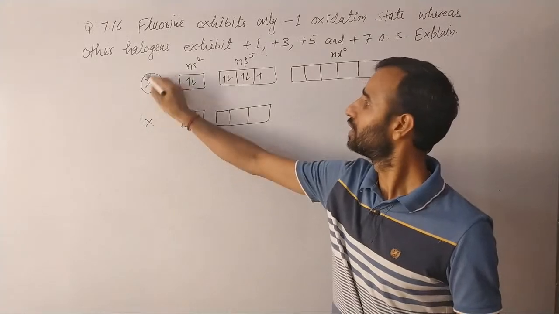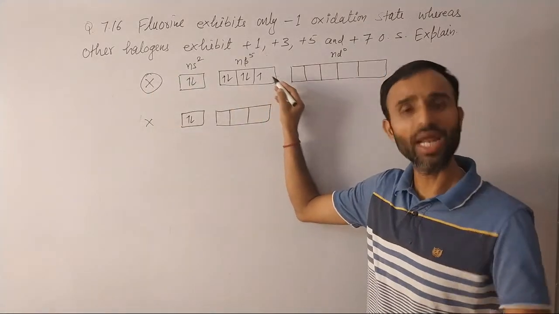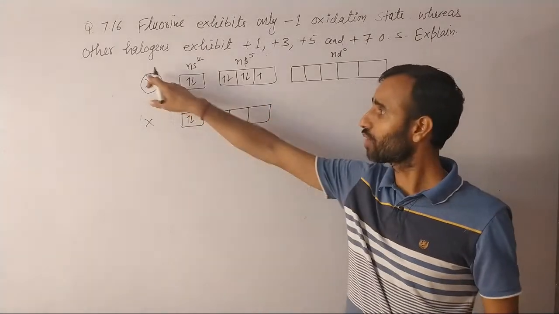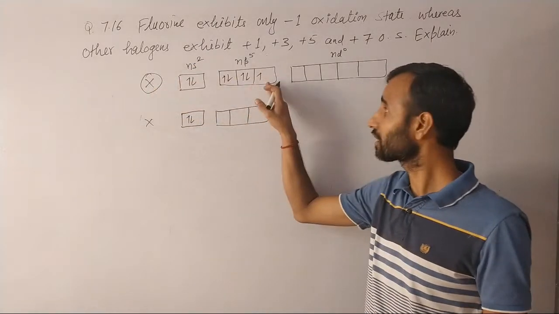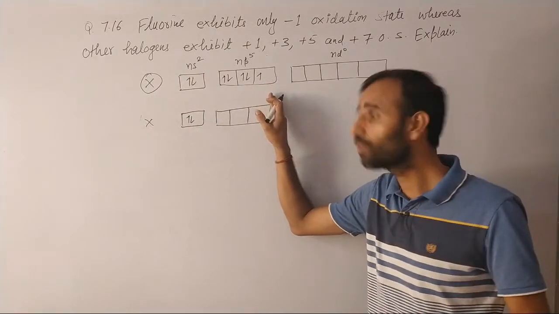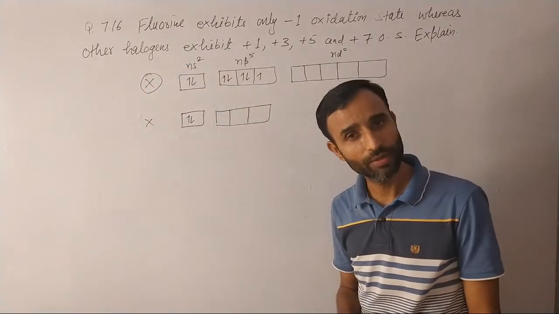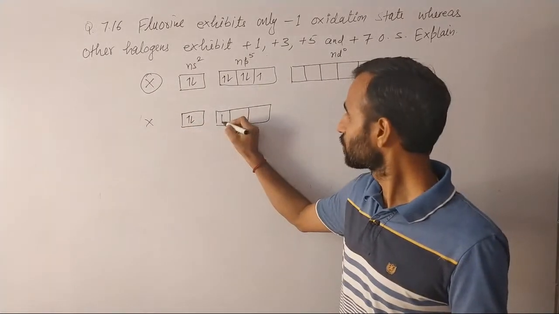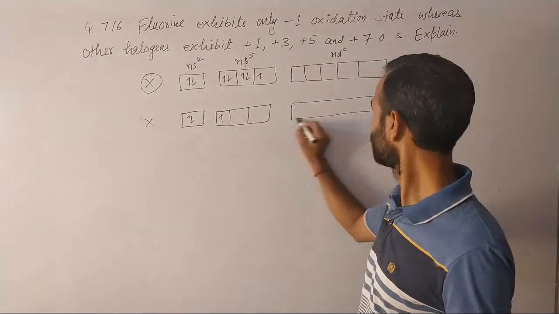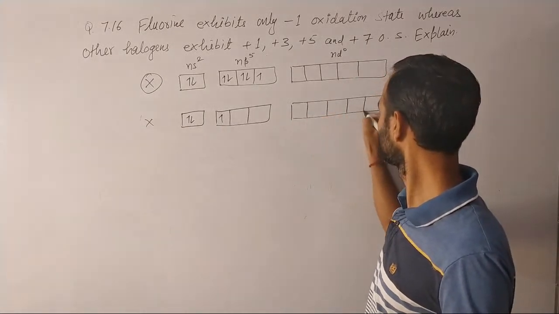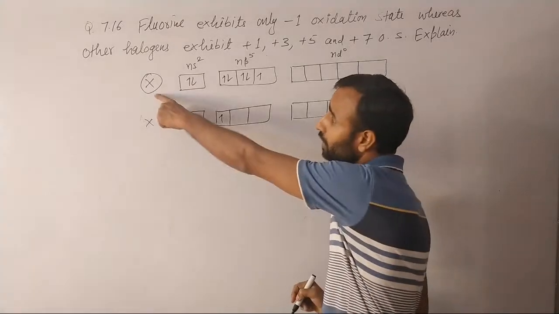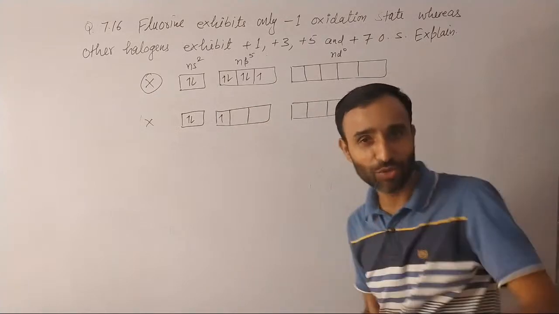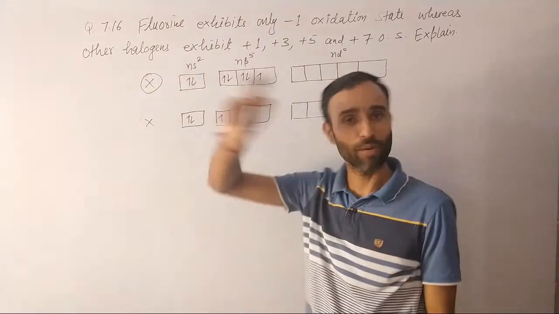So in this condition it can exhibit +1 or -1 oxidation state. If this halogen is attached to any other element that is more electronegative, then it will acquire +1. If that element attached is less electronegative, it will acquire -1. In case of fluorine, if it is attached to any other element, that should be less electronegative, so it will acquire -1 only.